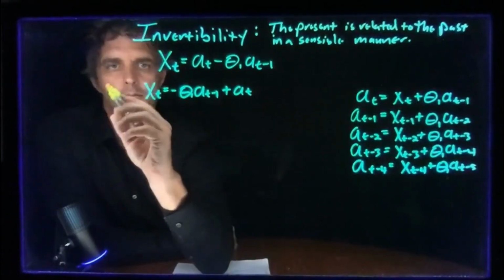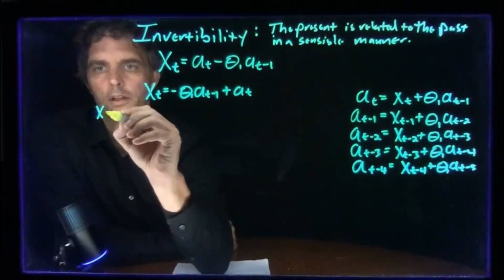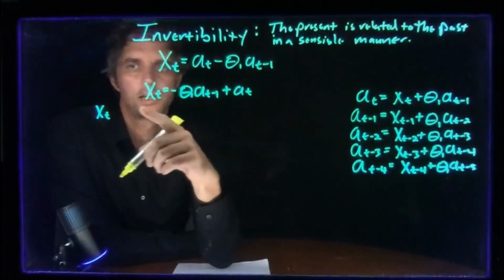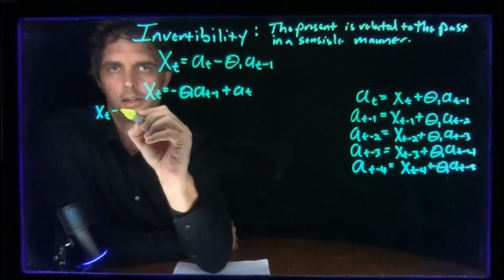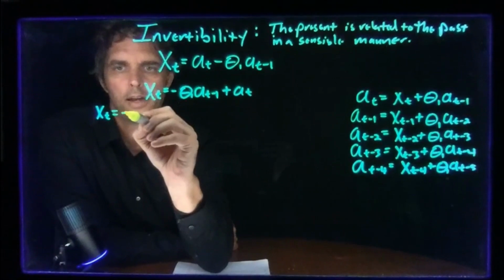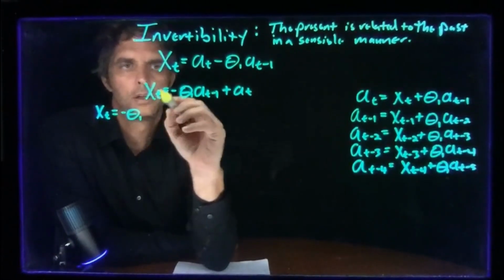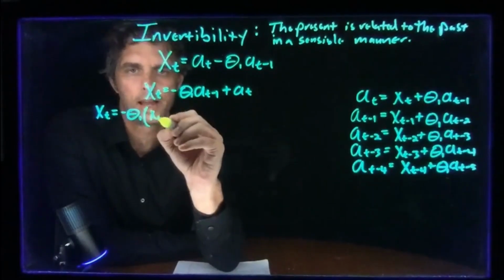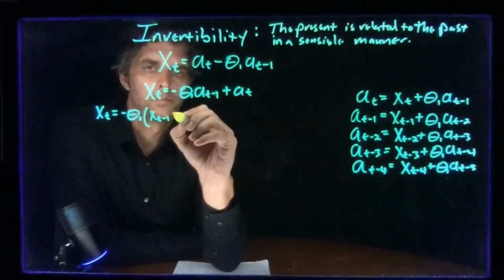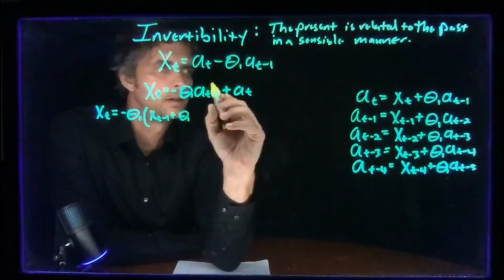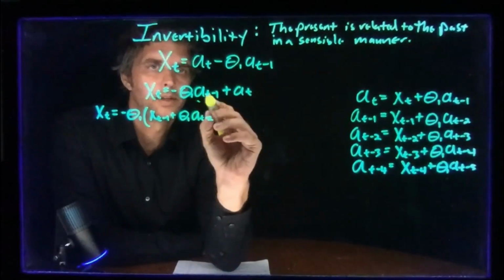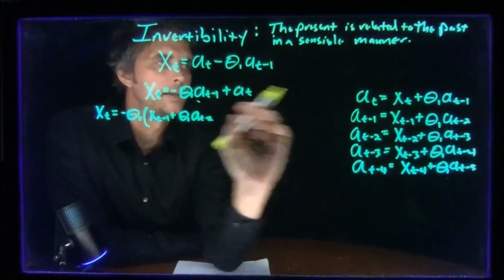When I do that, we're going to be really careful and go slow here and write small, because you need all this space. This would be XT equals negative theta 1 times AT minus 1. But AT minus 1 is XT minus 1 plus theta 1 AT minus 2. That's all that is in there for AT minus 1.